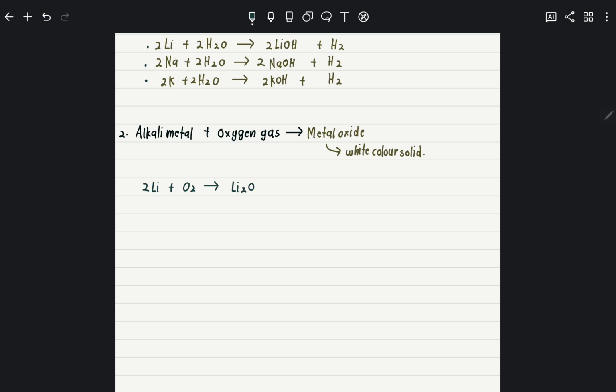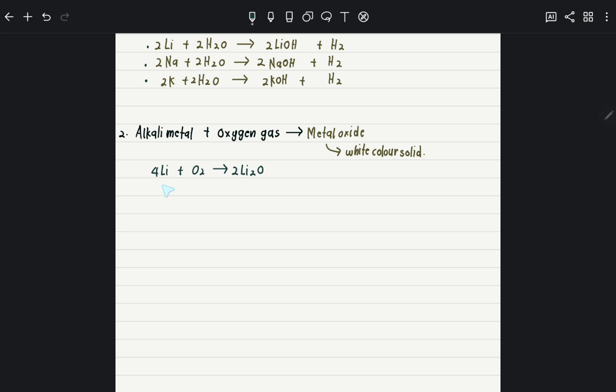Your lithium is 2. Ni pula letak 2 juga sebab oksigen tak balance. Sekarang lithium jadi 4. So you have 4Li plus O2 produces 2Li2O. And remember, the color of your lithium oxide is white. It is a solid. Untuk level SPM tak perlu tahu pun dia punya physical state, just tahu color dah enough.